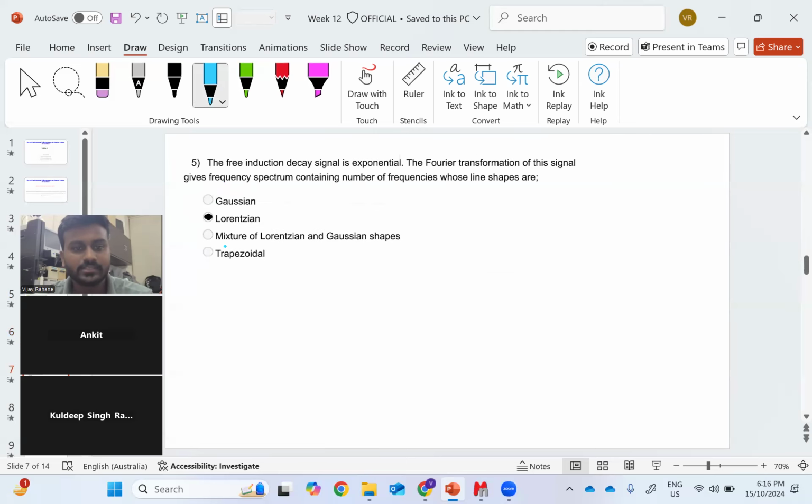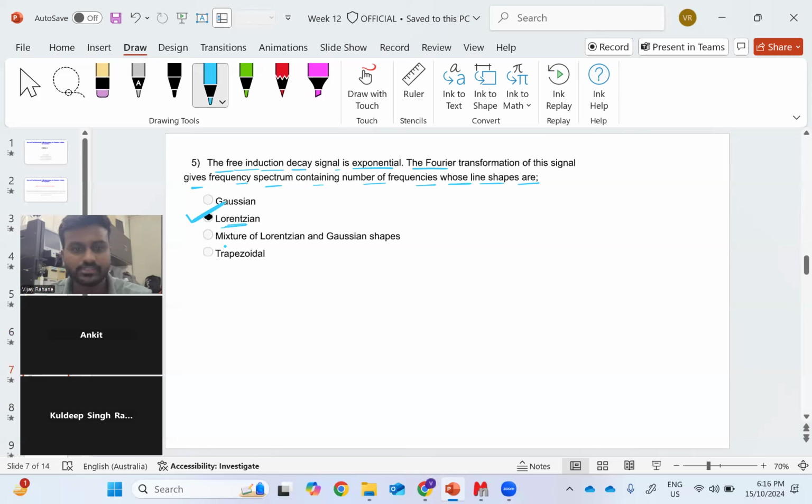In the next question, the free induction decay signal is exponential. The Fourier transformation of the signal gives the frequency spectrum containing a number of frequencies whose line shapes are Lorentzian.